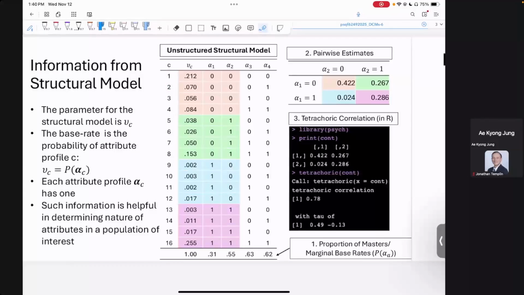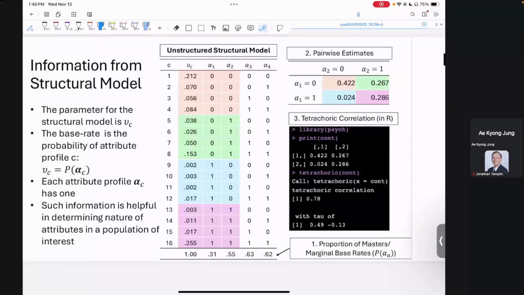In total we have 16 classes, each with its own proportion. This is the output after we estimate the model. Another piece of information we can get is the marginal base rate, which is the proportion of examinees who have mastered attribute 1, attribute 2, attribute 3, and 4.